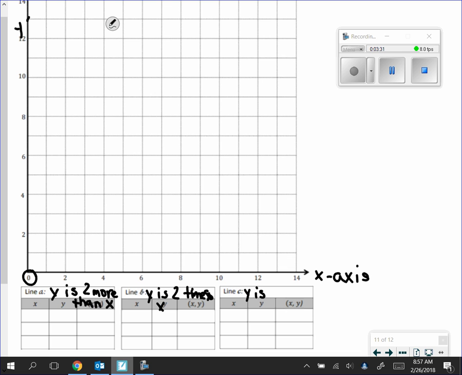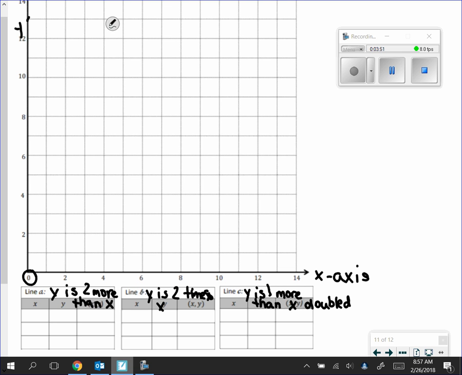Y is 1 more than X doubled. So if you think about what it's telling you, it's not as complicated as you think.